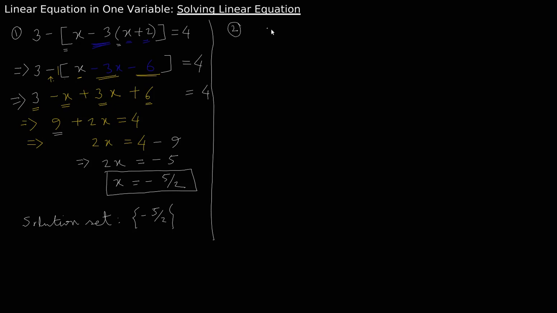We have 2 minus 3x over 7, plus (x minus 1) over 3, equals 3x over 7. This is basically a rational equation.